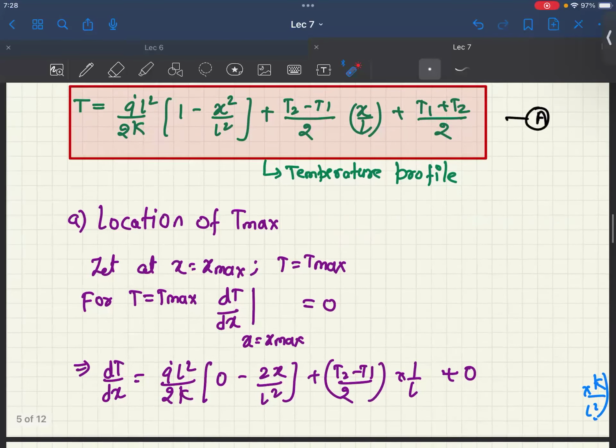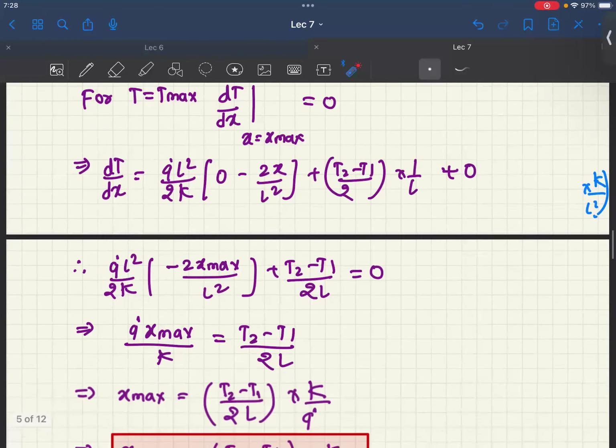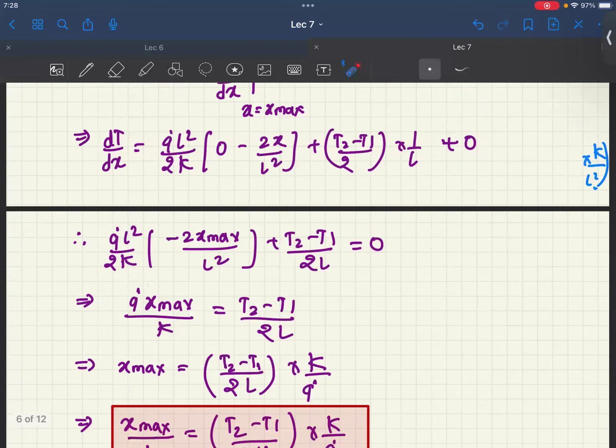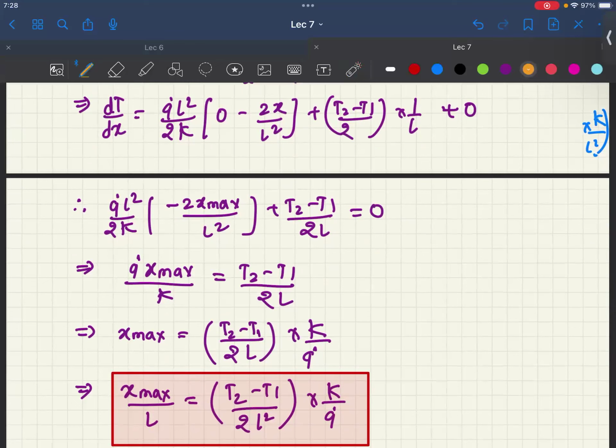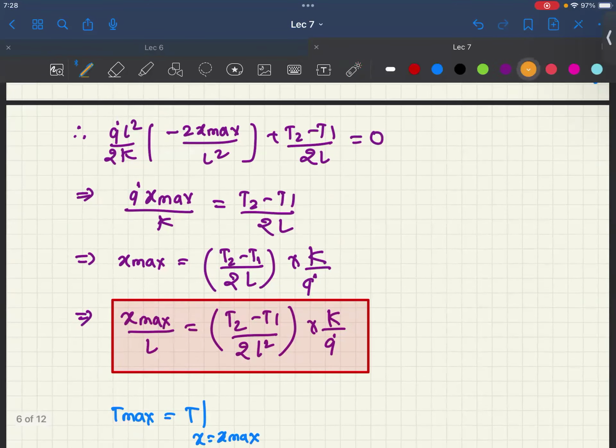So this is what dT by dx looks like. When we set it equal to 0 and do some algebraic manipulation, we end up with this x max. The expression for x max is T2 minus T1 divided by 2L multiplied by k divided by q max, right? So just in dimensionless form we can write this expression.